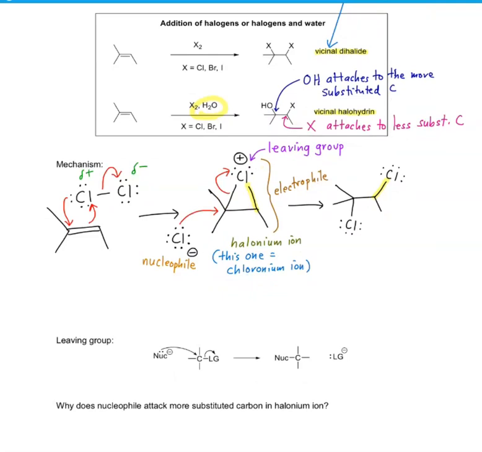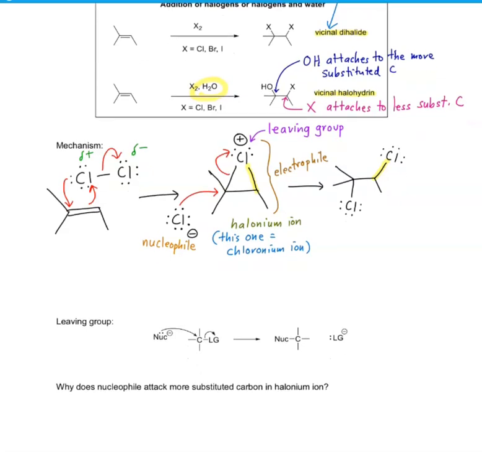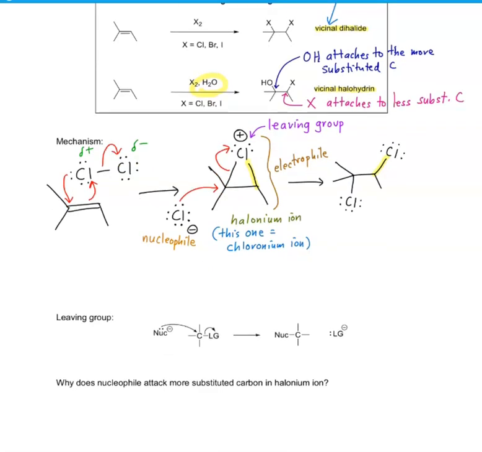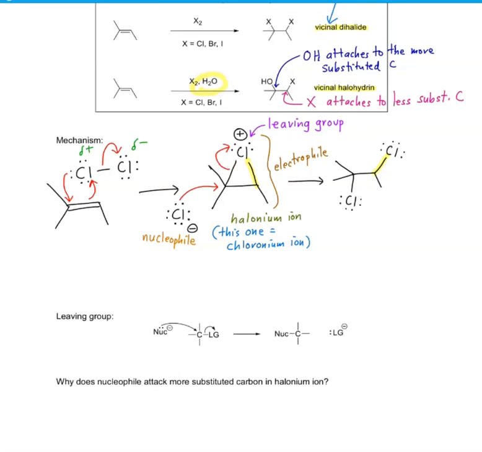So this second step, where the chloride ion attacks the carbon and breaks open the ring, has a mechanistic name. It's a substitution because you're substituting one chlorine for another one. Or in more general terms, you're substituting a nucleophile for a leaving group.